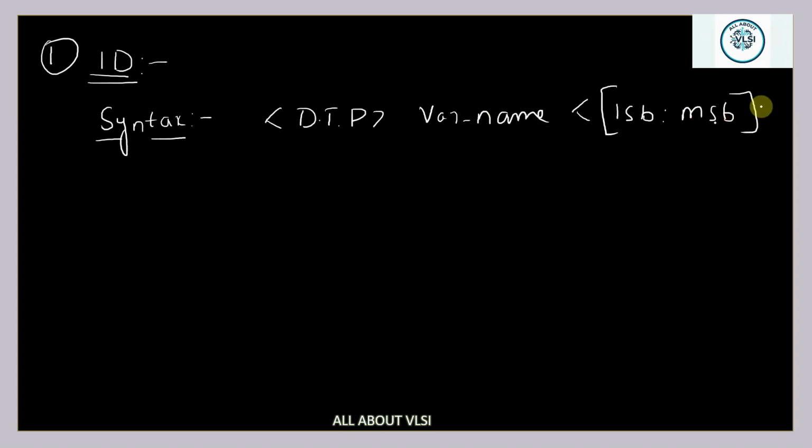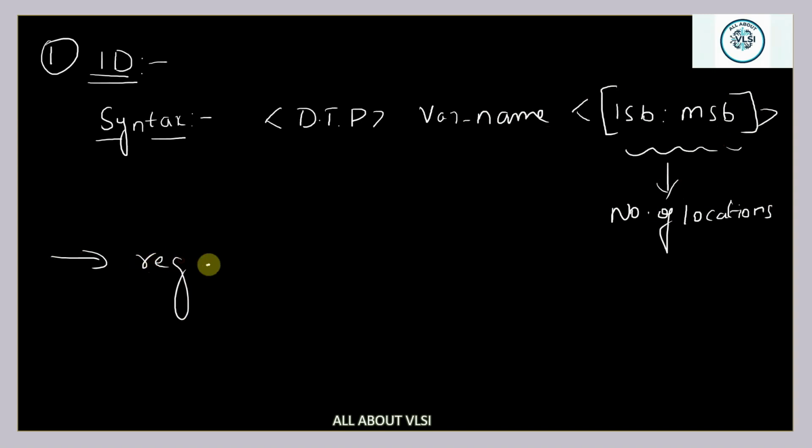This is basically the number of locations you are going to mention. For example, you can simply write reg ARR 0 to 7. That means you are going to have 8 locations.